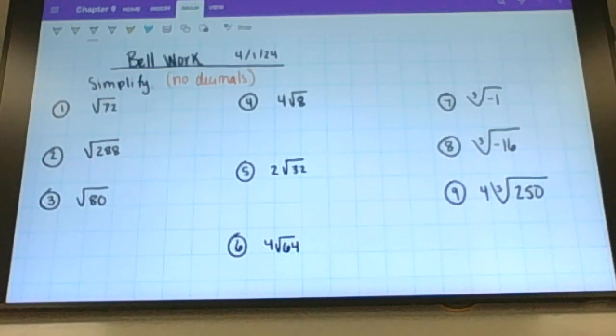And then 9 squared, I get 81. So I start high, and I think, does 72 divide by 64? Does 72 divide by 49? Does 72 divide by 36? Does 72 divide by 25? Which one of these will 72 divide by? 36. 9 and 36. Good job, you guys.